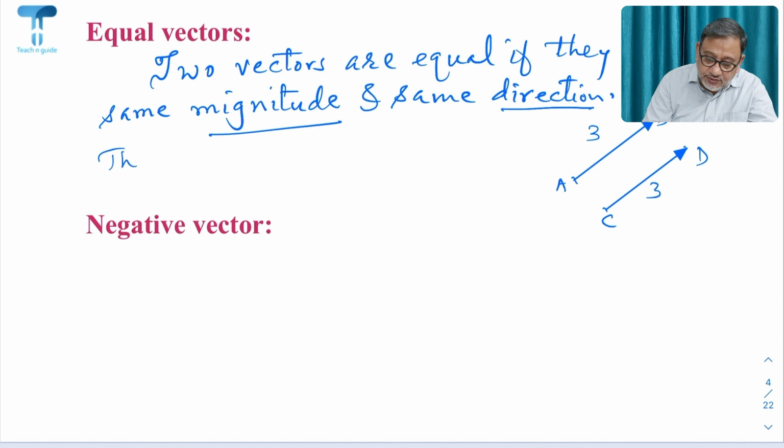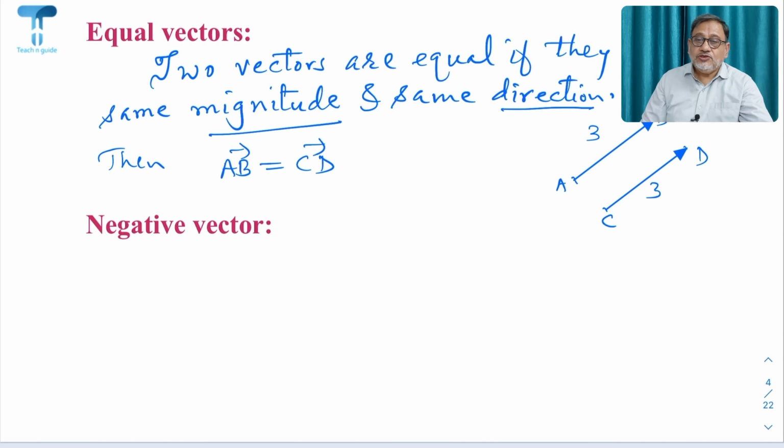Then we can write vector AB is equal to vector CD. Whenever we write vector AB is equal to vector CD, it means they have the same size and the same direction, same magnitude and same direction.